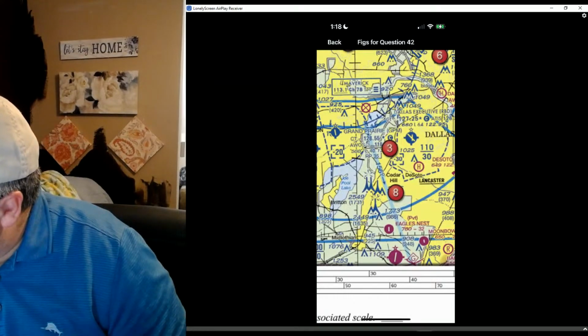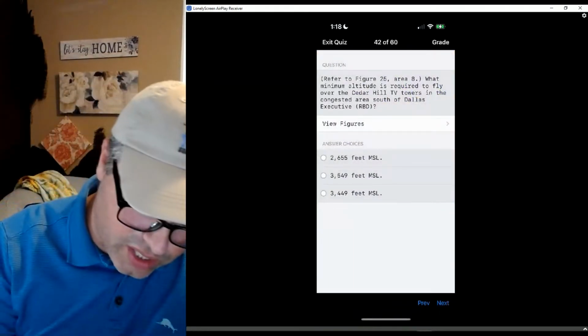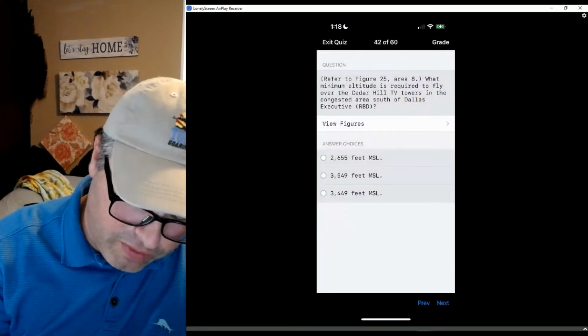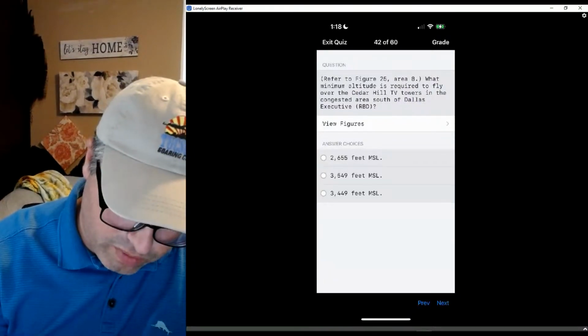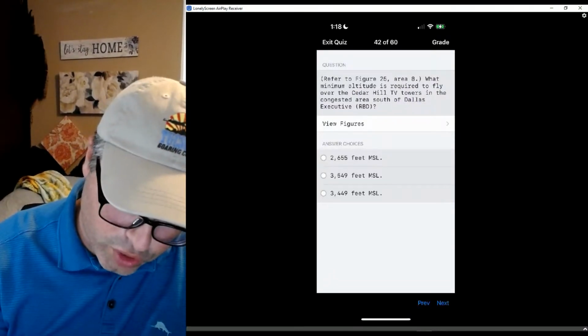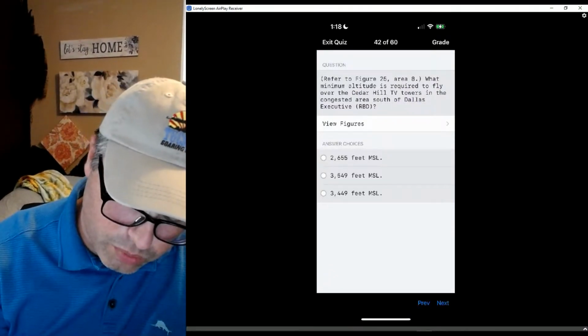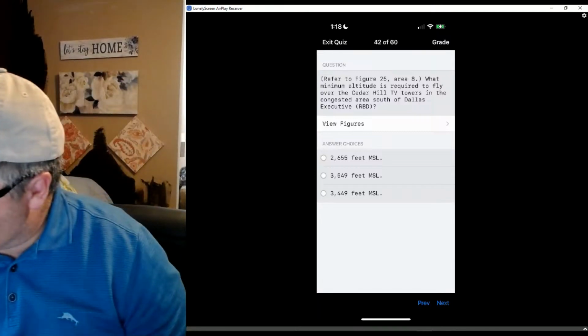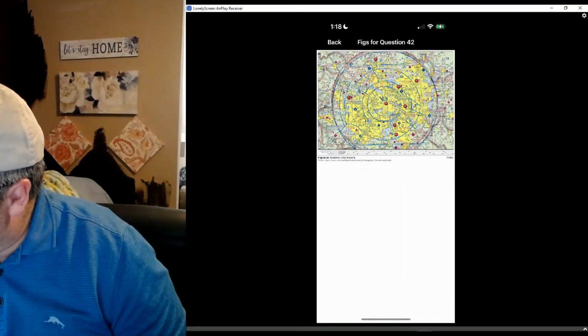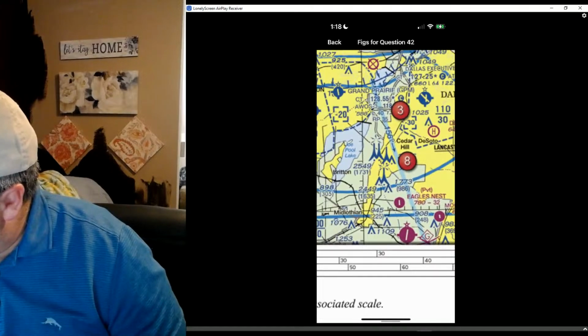One of the numbers is 2,655. One of them is 3,549, 3,449. And they're all MSL, which kind of makes it easy. Okay. So you're going to ask which is the best of those. So we zoom in again one more time in there.